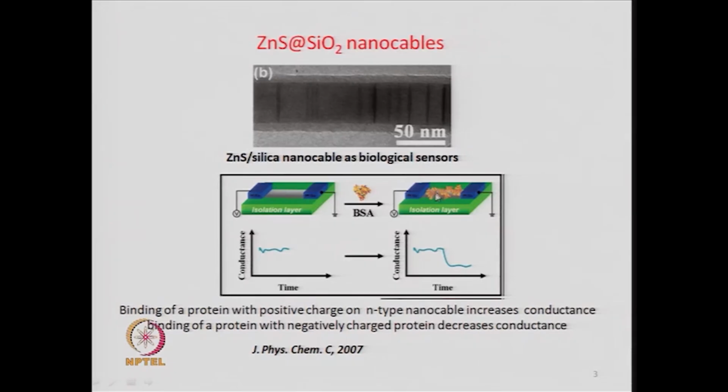Now, when that happens, the conductance changes. Here you see before the protein was attached to the nano cable, the conductance is somewhere here and it remains more or less constant with time. However, when the protein is on top of the silica surface of this nano cable, the conductance falls.